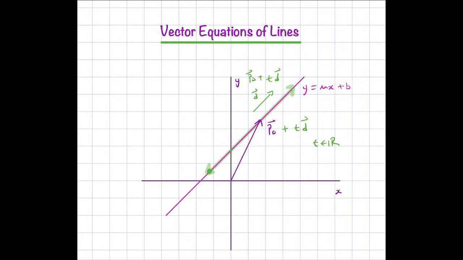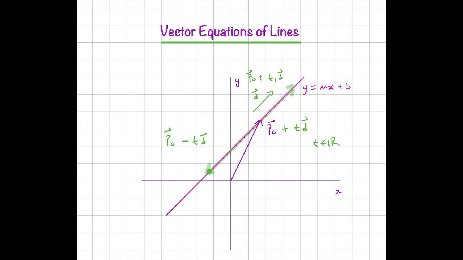This point is going to be P0 plus, say, t times D. Or better yet, let's call this one negative t times D, so this will be P0 minus t times D, to show that this is a negative direction. And hopefully, if this looks weird, go and check out the videos on vector addition.